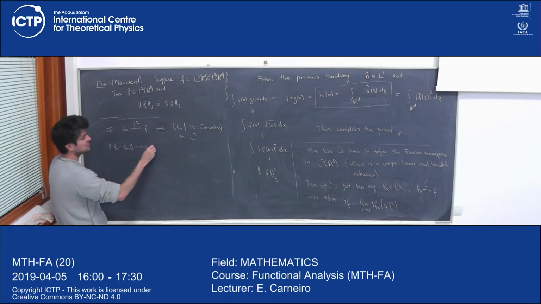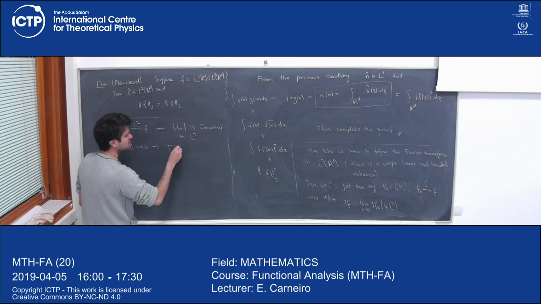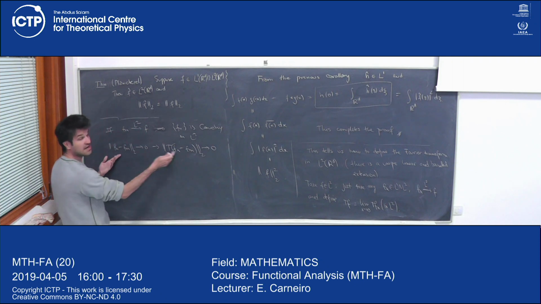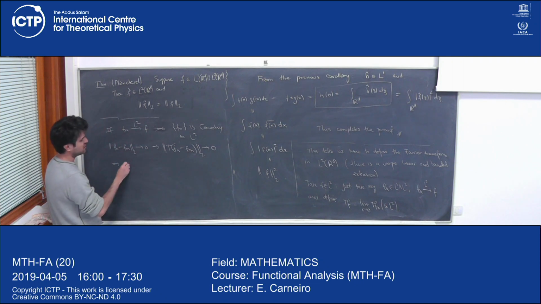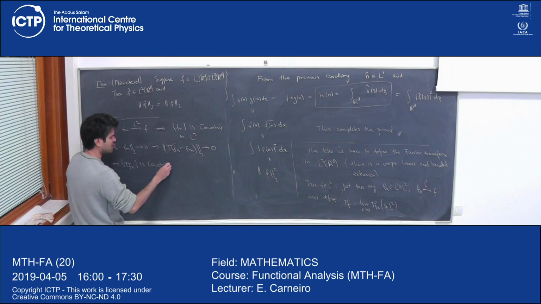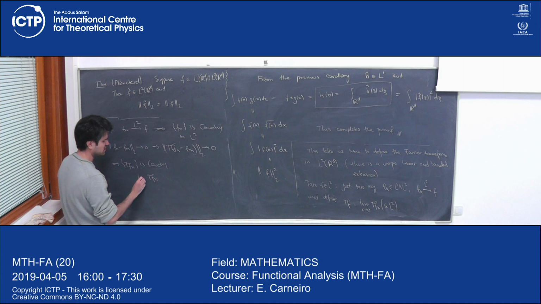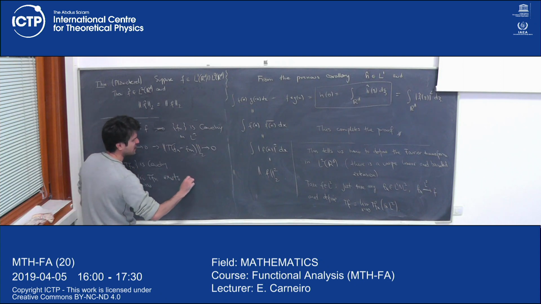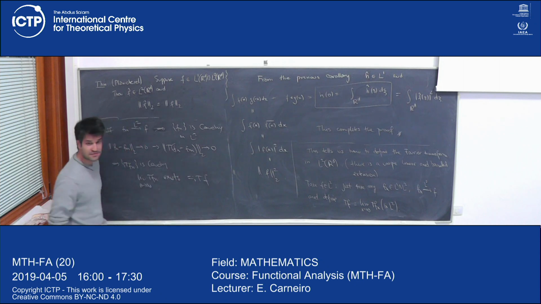Then T of f_n minus f_m goes to 0 because it's an isometry. Therefore, T of f_n is Cauchy and converges to a limit. The limit exists, and you baptize it T of f.